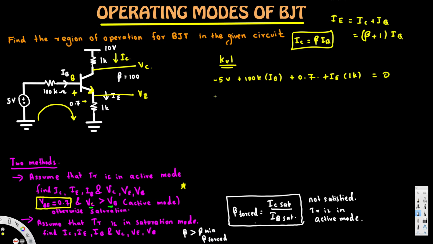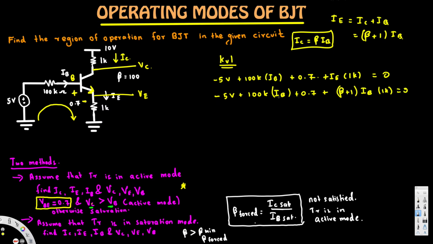So let's go ahead and write this again. This is going to be minus 5V plus 100K IB plus 0.7, and instead of IE, I plug in beta plus 1 times IB times 1K, and that's equal to 0.